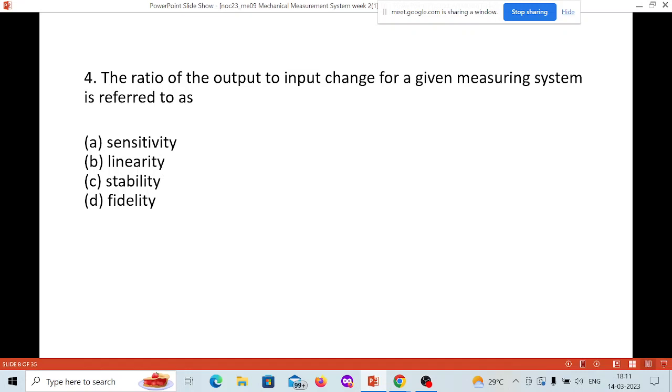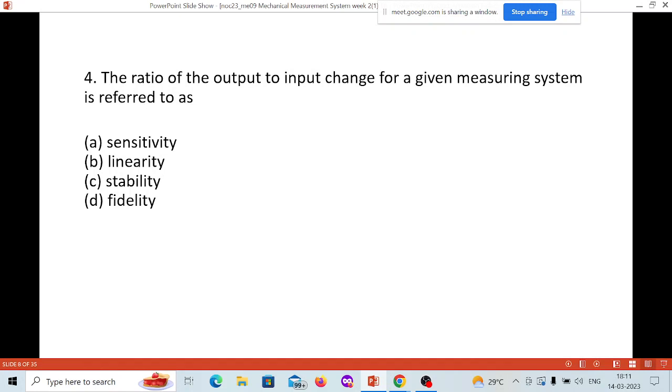Next question. The ratio of the output to input change for a given measuring system is referred to as A. Sensitivity, B. Linearity, C. Stability, D. Fidelity.